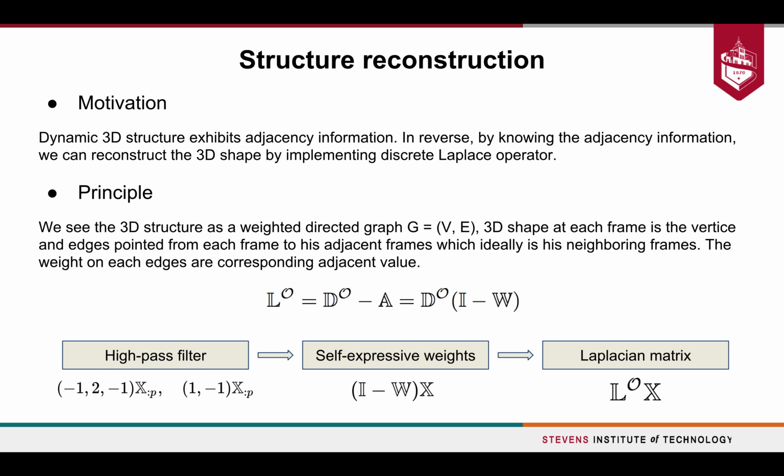Here, for a directed graph, the Laplacian is the out-Laplacian, based on the out degree. Here A is the adjacency matrix, in which the value in each column is the adjacency value from each frame to this frame, and D out is a diagonal matrix.